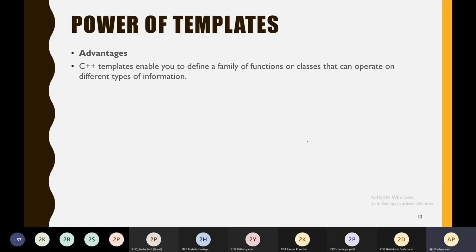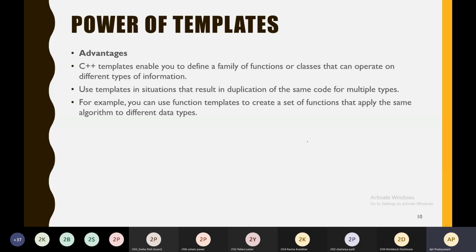So one of the advantages of templates is to allow defining a family of functions or classes that can operate on different types of information. It uses templates in situations that result in duplication of the same code for multiple types. For example, you can use function templates to create a set of functions that apply the same algorithm to different data types.